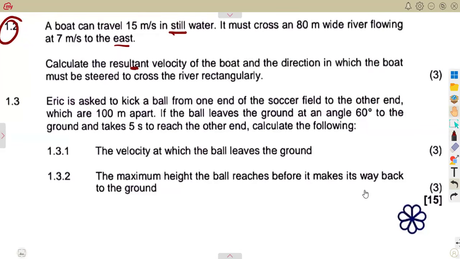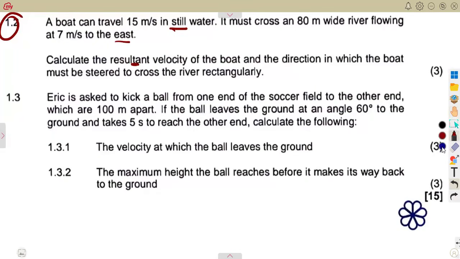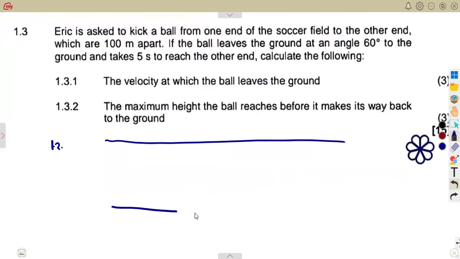So take note, this is a boat which is traveling in still water. If you're dealing with the rectangular form, I actually explained about this. I just hope that part is still there. So we have got our boat which is traveling in still water, going up like this.